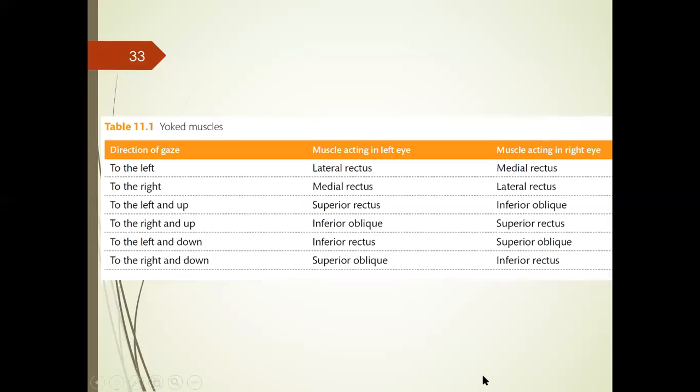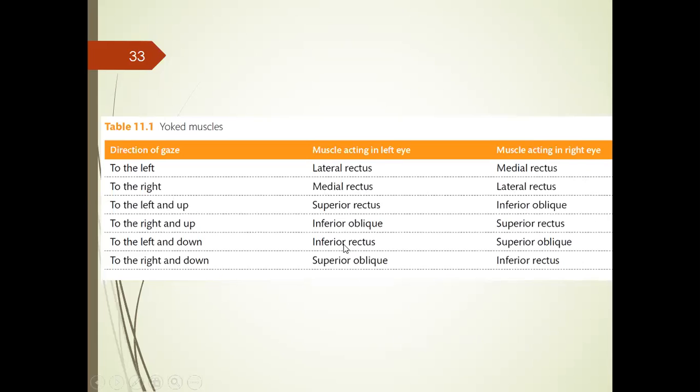Now, muscles of the two sides act together. These are called yoked muscles. When the lateral rectus of the left eye contracts, the medial rectus of the right eye will also contract. Contracting together, they are called yoked muscles. Similarly, if the medial rectus of the right eye is contracting, the lateral rectus of the left eye will also contract.